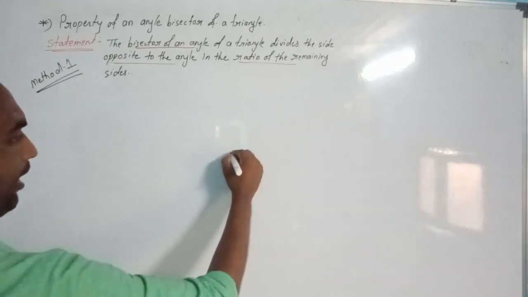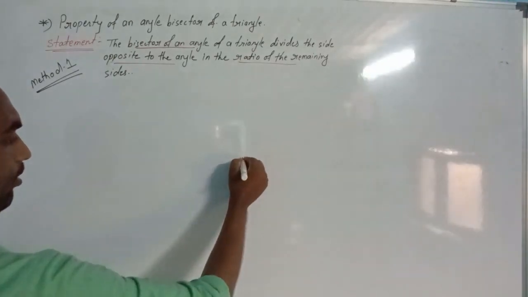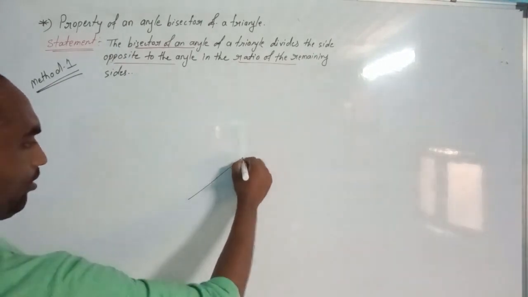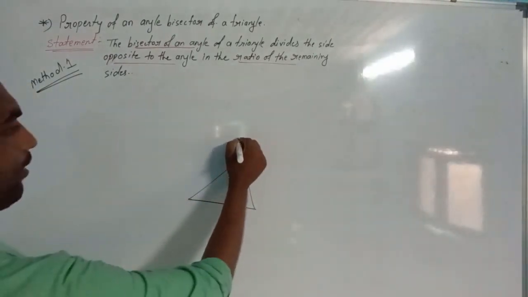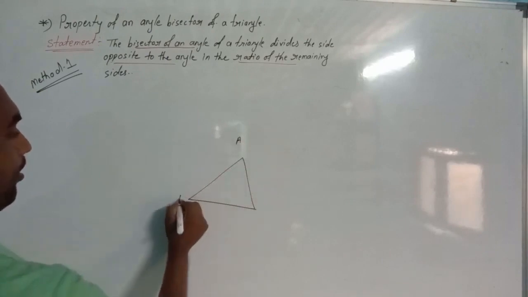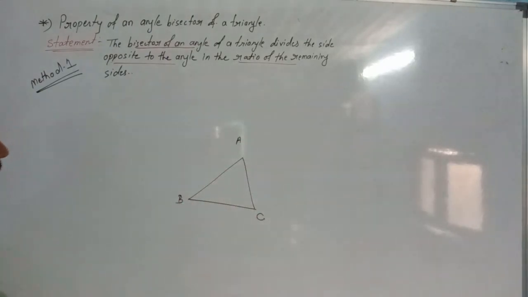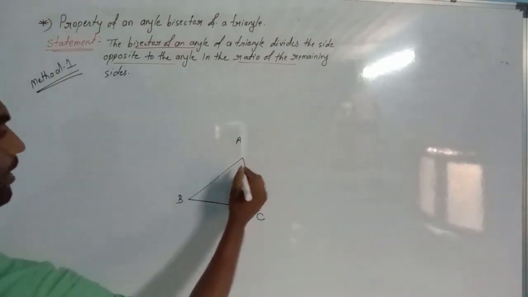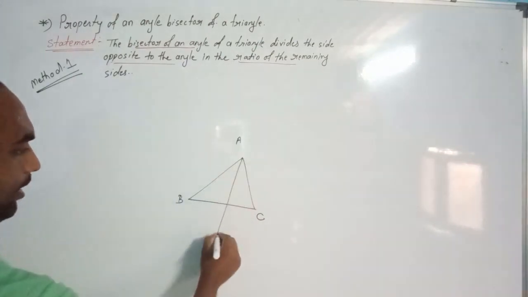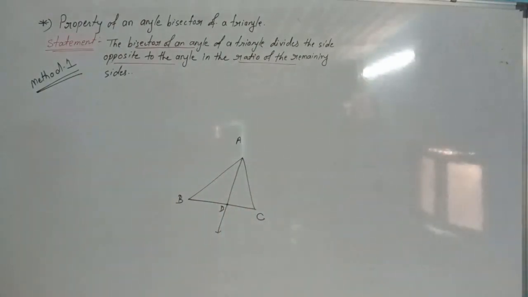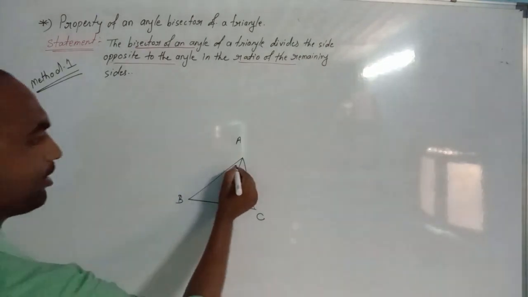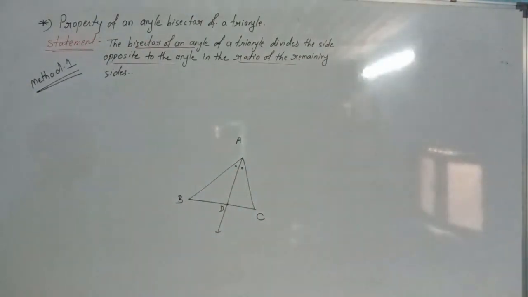First we require the triangle, that is A, B and C. Okay? And we have to draw the bisector. So suppose I draw the bisector at point D. The bisector definitely divides the angle into two equal parts.